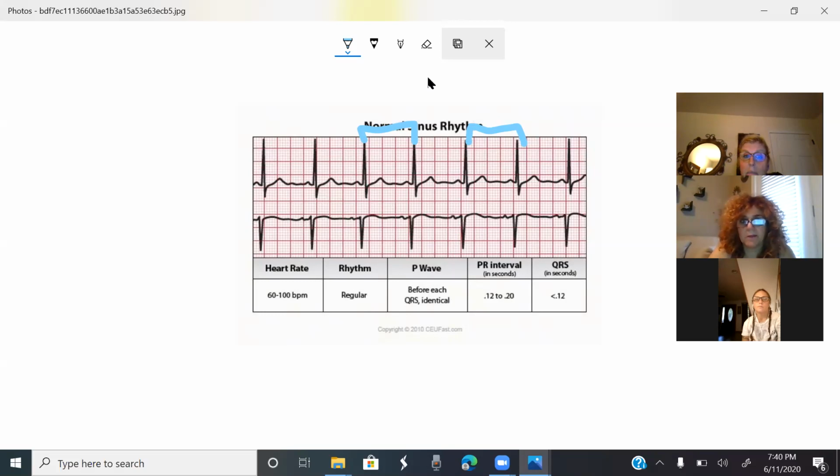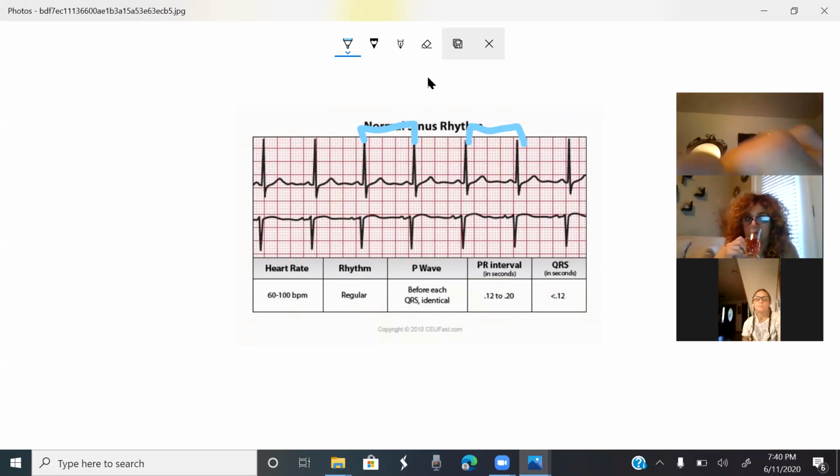So how many little blocks then do we have? 20. 3 times 5, and then we have 5 more. So we have 20 little blocks, and we know that they're how much? 0.04.